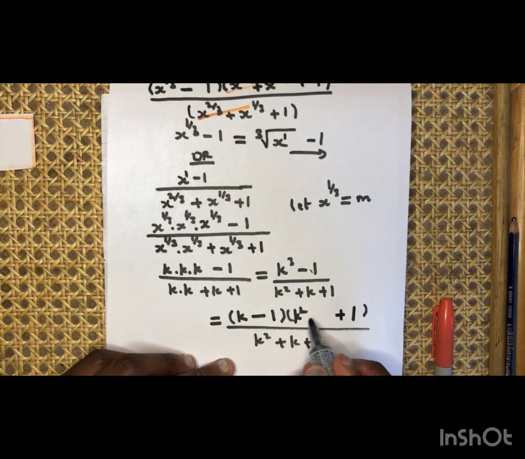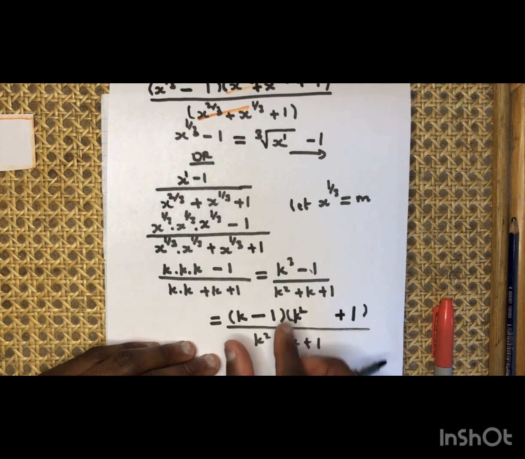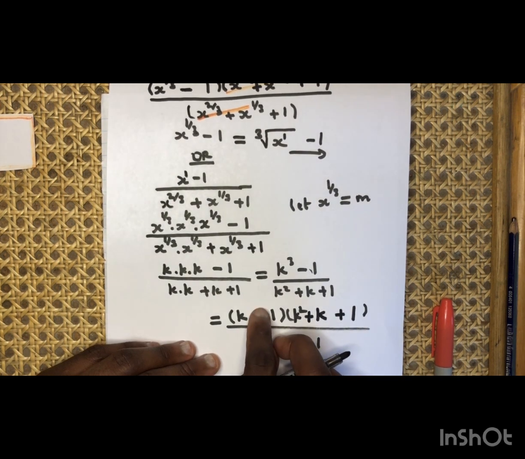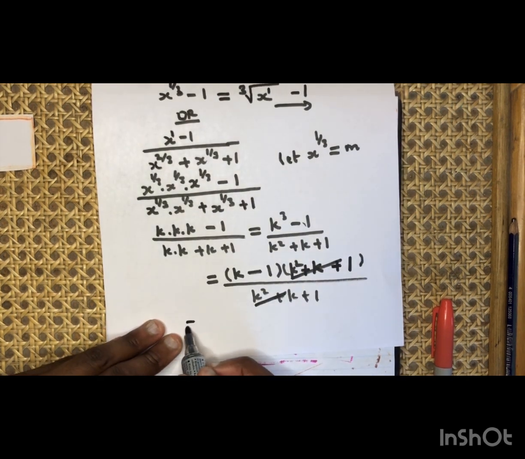Now, in order for us to obtain the middle term, I'm going to say k times negative 1 is going to be negative k. Then we change the sign to become positive k. If it was positive, it was going to be negative, your middle term. Now, can you see this one cancels out this one? So now, good people, we are left with k minus 1.